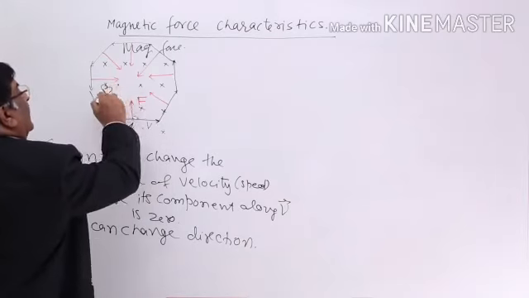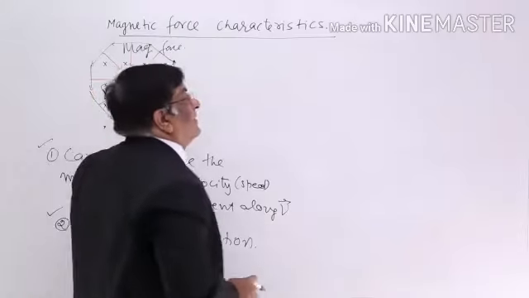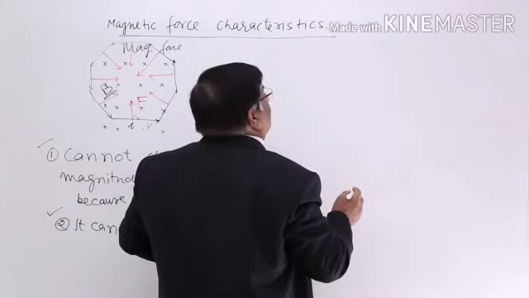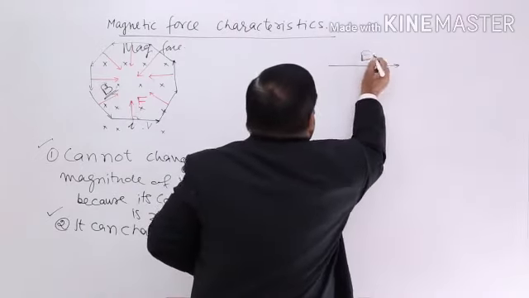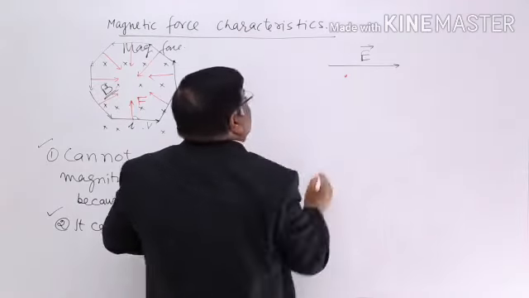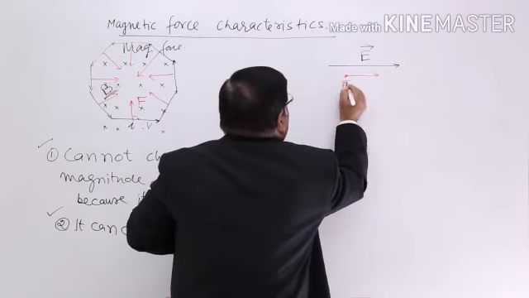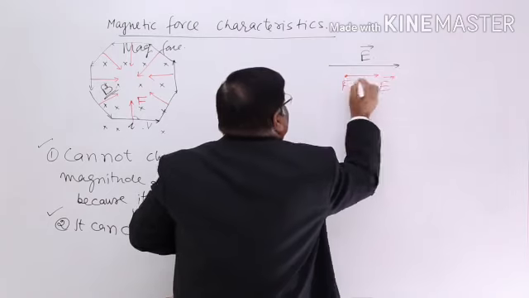Watch, magnetic field. Now, the electric field is there. If there is an electric field in this particular direction, and there is a charge in it, this charge experiences a force, and the direction of that force is the direction of the electric field.